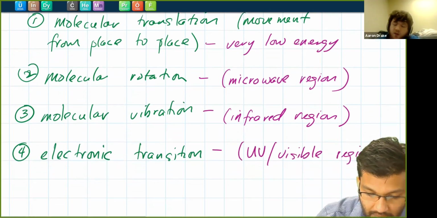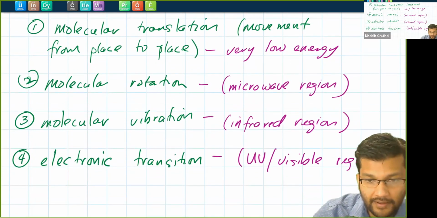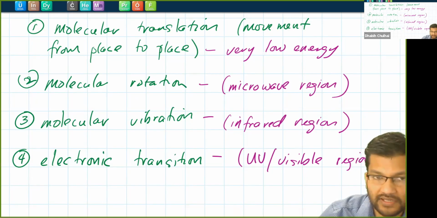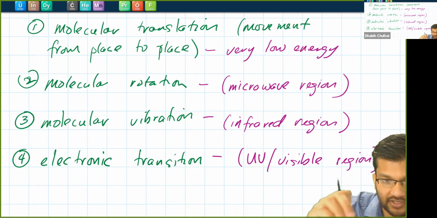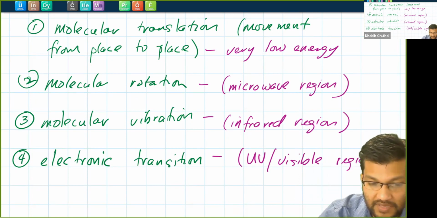What happens if you go above UV, like into X-ray and gamma ray? UV is what you need to change an electron from one energy level to another energy level. As you go deeper and deeper into the UV spectrum, closer to X-ray, it becomes what we call ionizing.